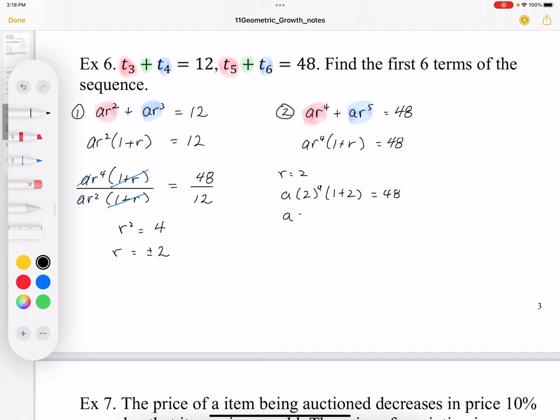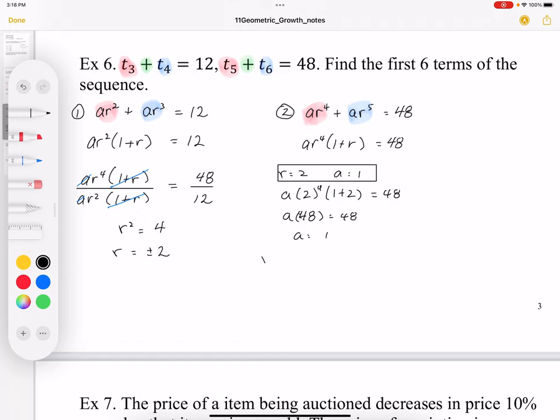Solving for A, we end up with A times 48 equals 48, so A is equal to 1. So when R is equal to 2, A is equal to 1. That's one set of solutions here.